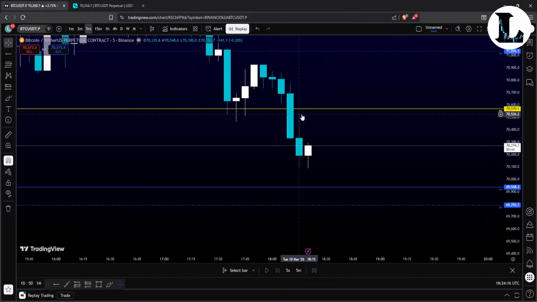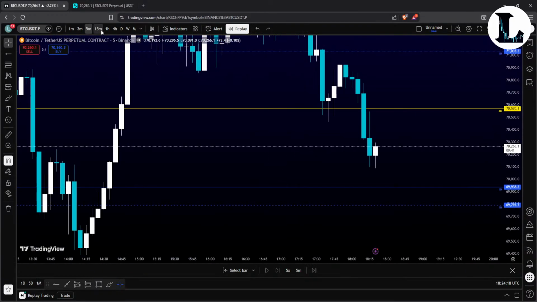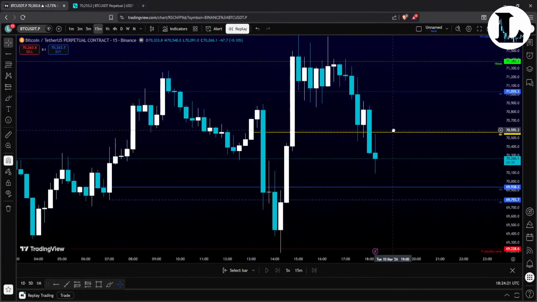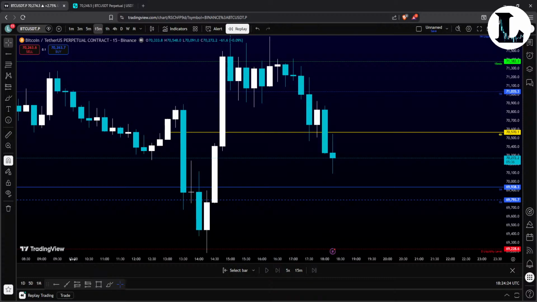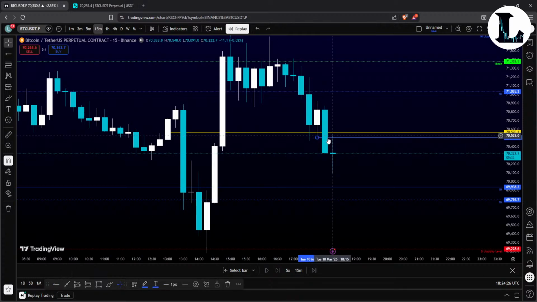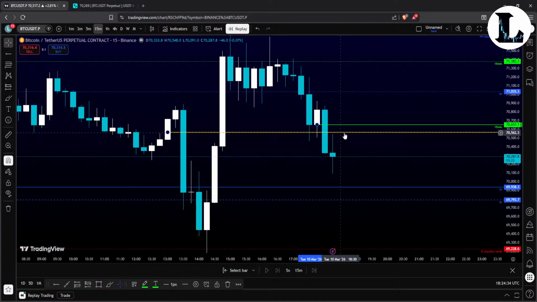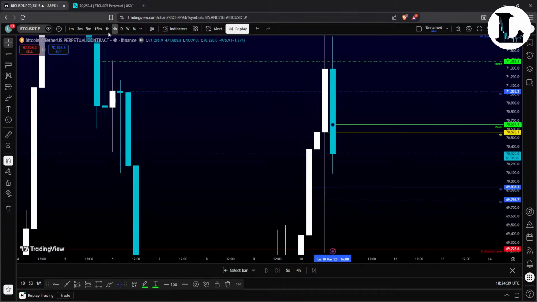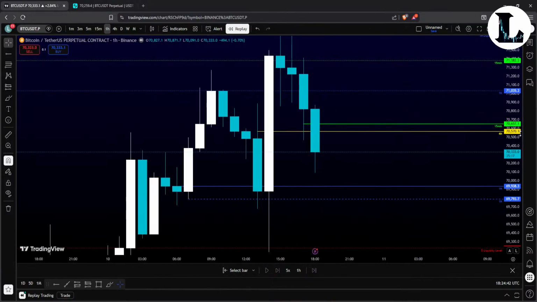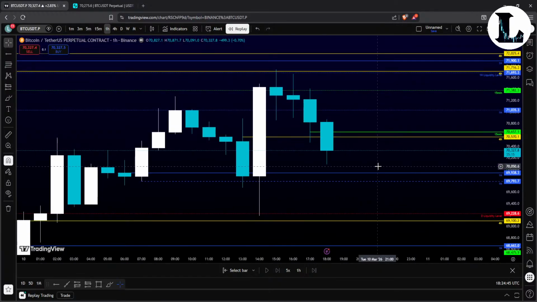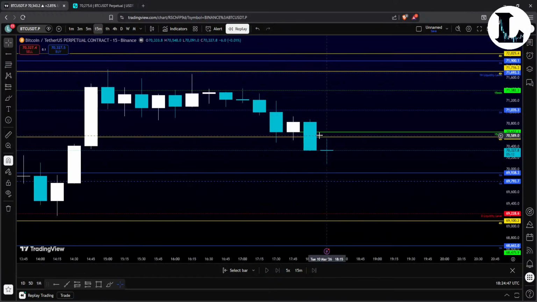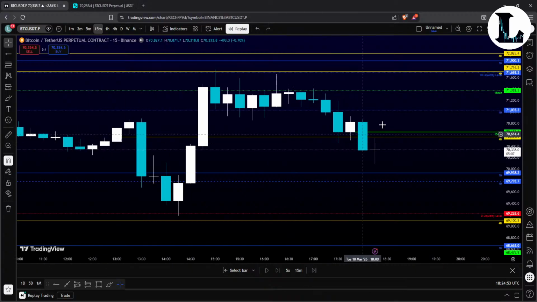Okay, for now, after breaking that 4-hour body, and this is a really nice one, we already tested the 15-minute, or in this case, we are testing the 15-minute. If the price goes and actually tests the yellow line here, the 4-hour body, I will try to take a short, I believe, just with a really small stop loss, because the price can go to the 15 or try to attack the break level.